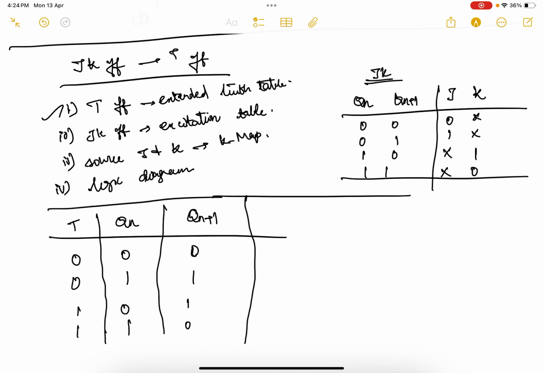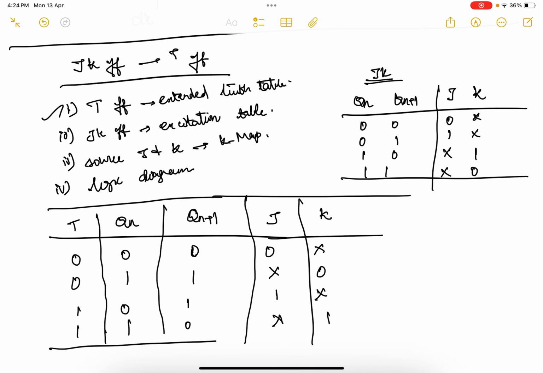So this will be nothing but the excitation table. Now you extend this to the excitation table. Where you got 0 0, it is nothing but 0 x. For 1 1 it is nothing but x 0, for 0 1 it is nothing but 1 x, and for 1 0 it is nothing but x 1.